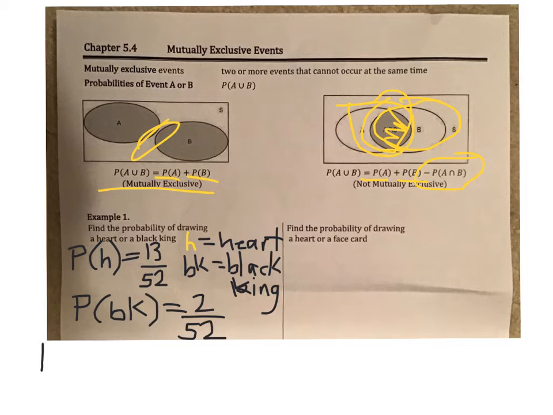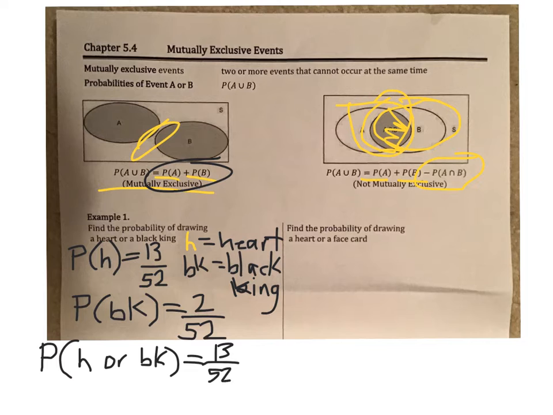Now if we're looking at the probability of a heart or a black king, just like in the explanation above, we're adding the two probabilities together. So that's 13 over 52 plus 2 over 52. Remember, when adding fractions, you add the top numbers, so 13 plus 2 gives us 15, and the bottom number stays the same.